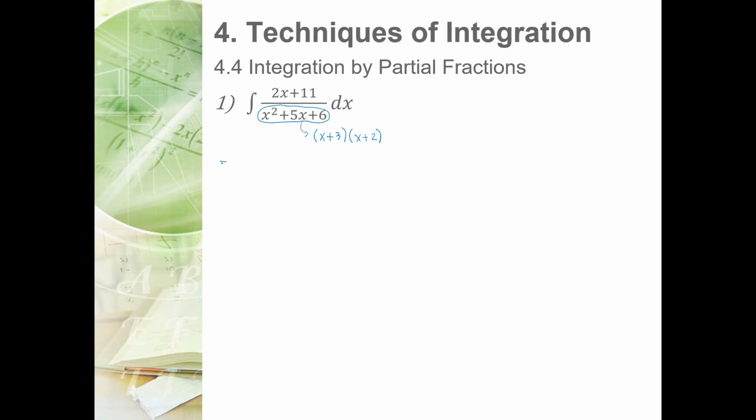So given that, instead of the given one above, you may try to rewrite it as 2x plus 11 over x plus 3 and x plus 2.